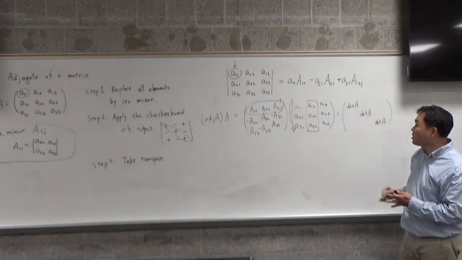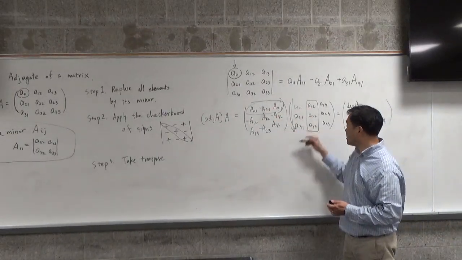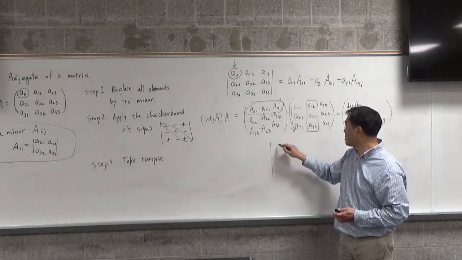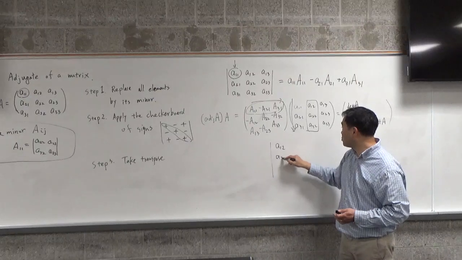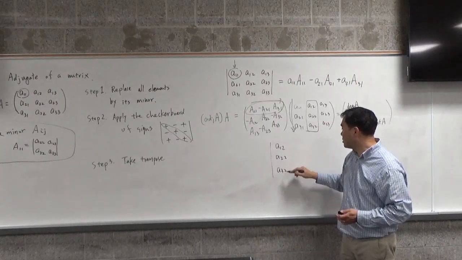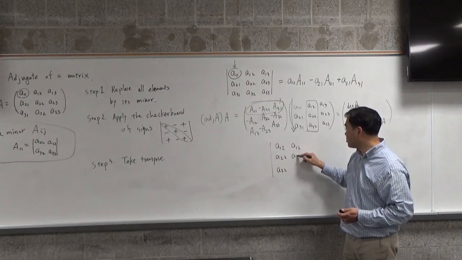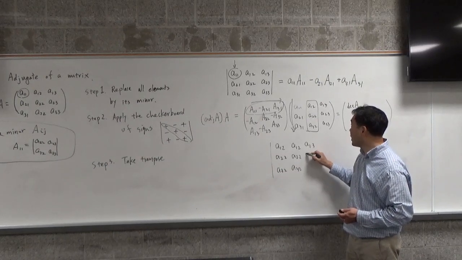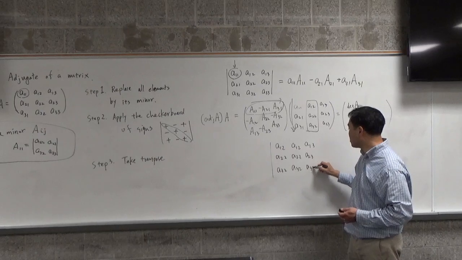That doesn't change. But if you did this times this, that quantity will be the same thing as the determinant of A12, A22, A32 with A12, A22, A32, A13, A23, A33.